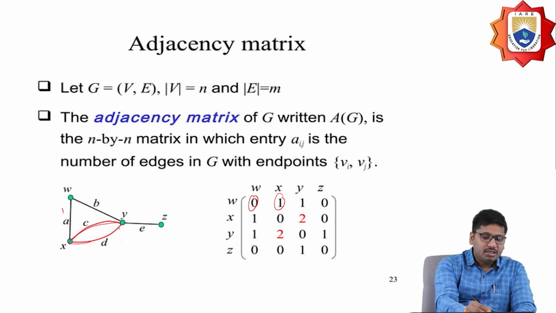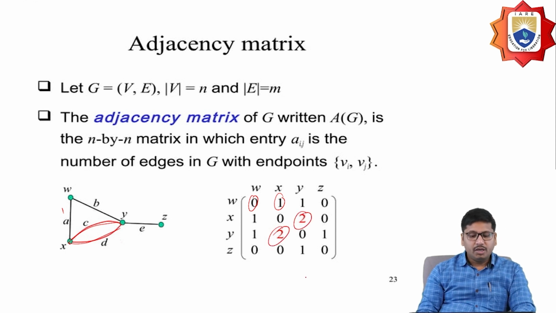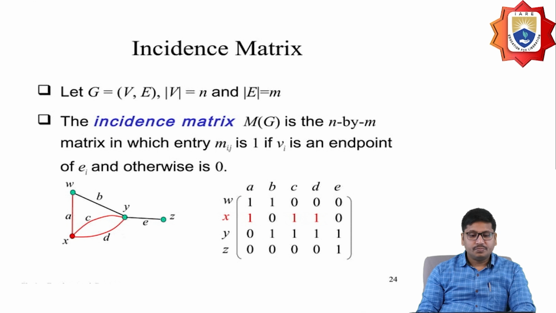And these are parallel edges, so that one is going to be represented with 2, x to y, and then y to x. So what is the incidence matrix? The incidence matrix is defined such that each entry Mij is 1 if Vi is the endpoint of Ej, otherwise it should be 0.